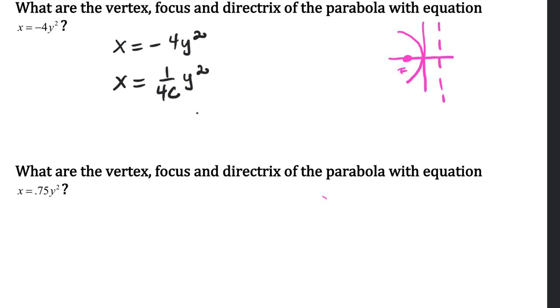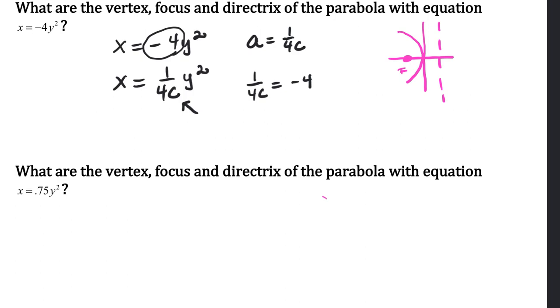We can use the a value to come up with c. We know that a is equal to 1 over 4c, and that a is negative 4. So we have 1 over 4c equals negative 4.